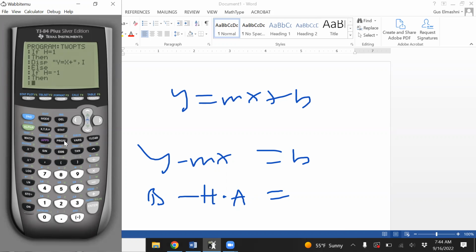So we go program IO display alpha quotation alpha y second math equals -x second math. Oops, sorry, what was I doing? Plus comma, oh, you need a quotation mark, comma, alpha I.